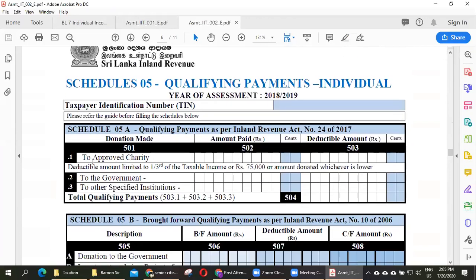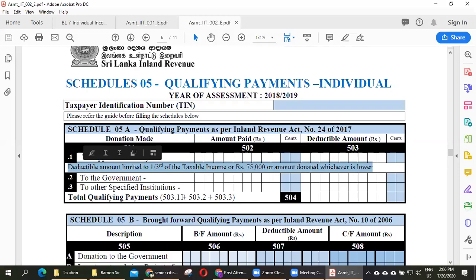Qualifying payment under the approved charity, the maximum amount we can deduct is 75,000.